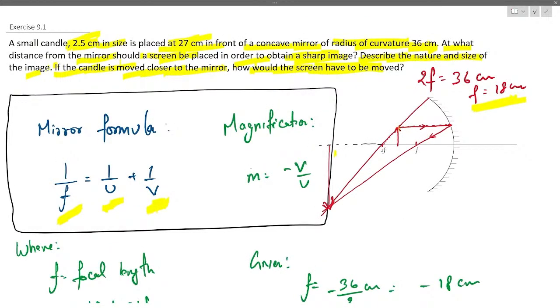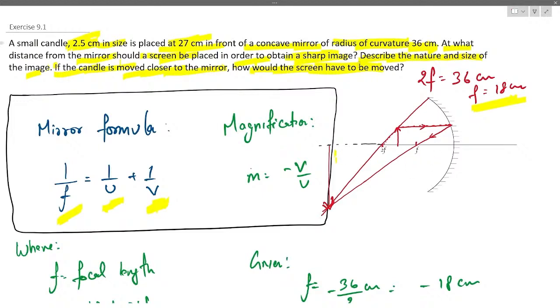At first we have taken the ray parallel to the principal axis, which is reflected passing through the focus, and the second ray is taken passing through the center of curvature. It will retrace the incident ray, and since two rays must meet to form an image, the image will form over here with v equals minus 54 centimeter.